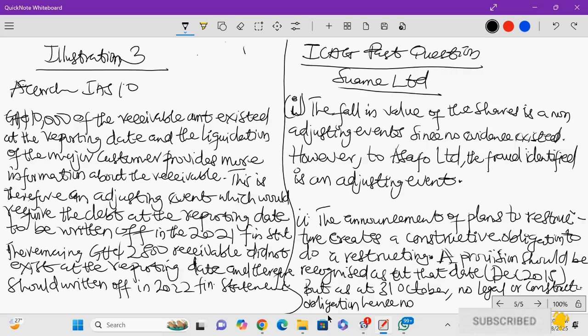Hence, no adjustment. Hence, not an adjusting event. Thank you very much. So that is how we answer this question too.